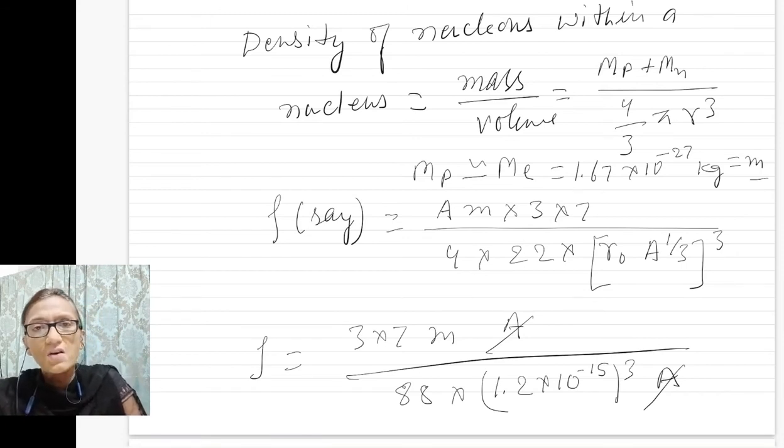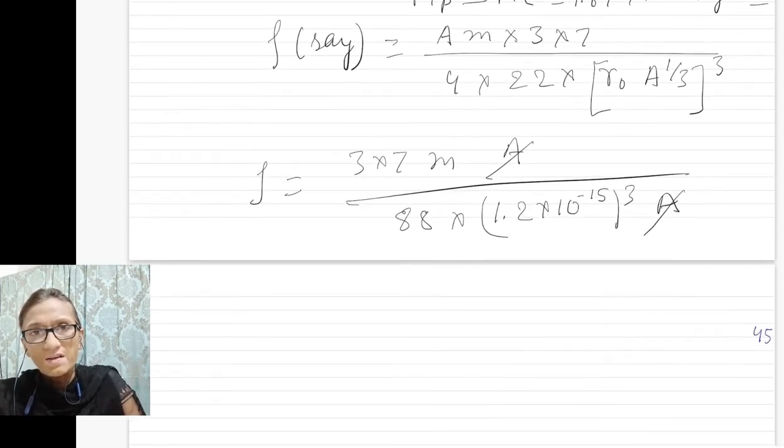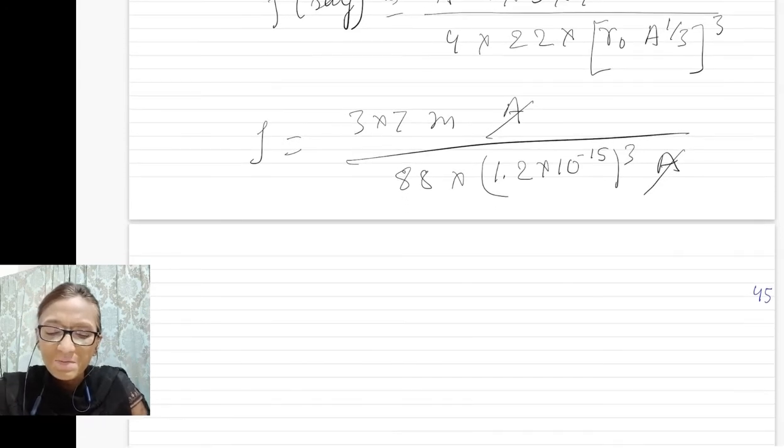So the density of any nucleus is free from its mass number. Mass number is cancelled.